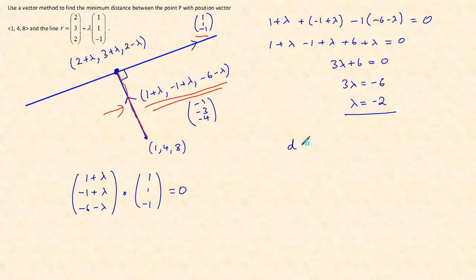And so our distance is just going to be the square root of 1 squared, add 3 squared, add 4 squared. So that's the square root of 26.